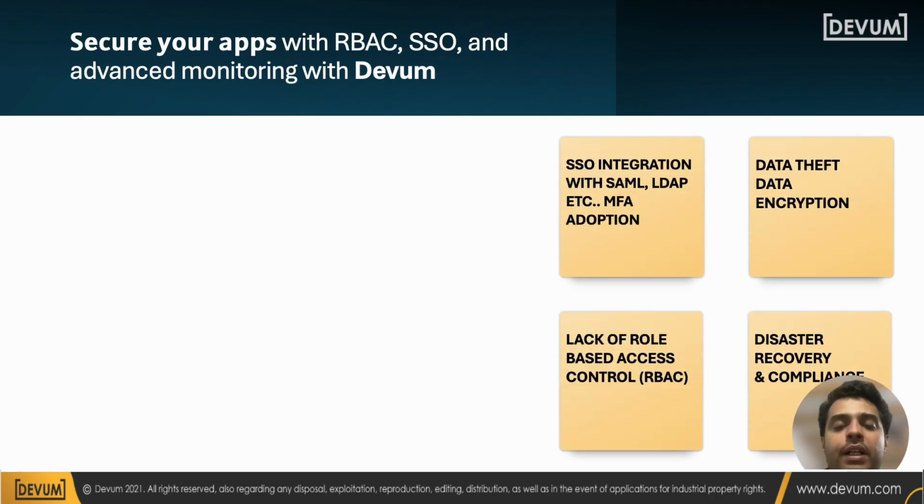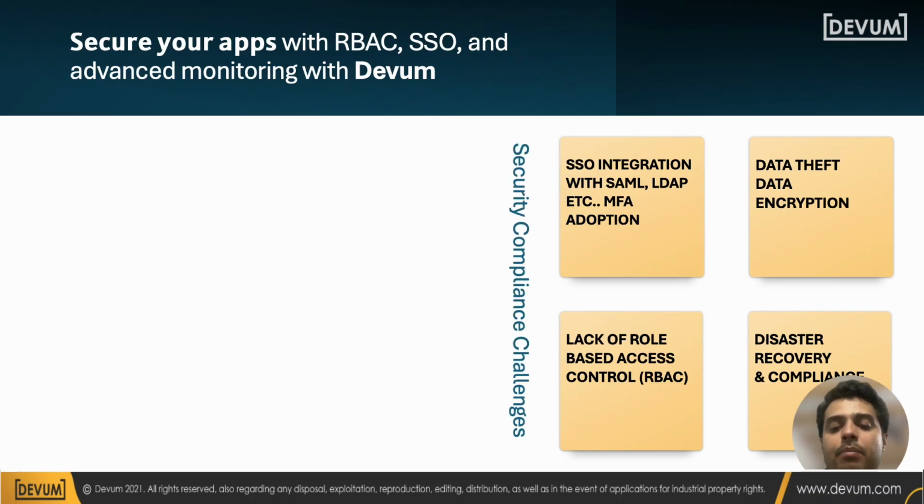Starting with SSO integration, which is mandatory to cover SAML, LDAP, and MFA adoptions, making sure data theft protections are in place, data is encrypted in transition or at rest, the lack of role-based access control systems which can go as deep as field levels in the form, and options to provide disaster recovery in case of scenarios like ransomware attacks.